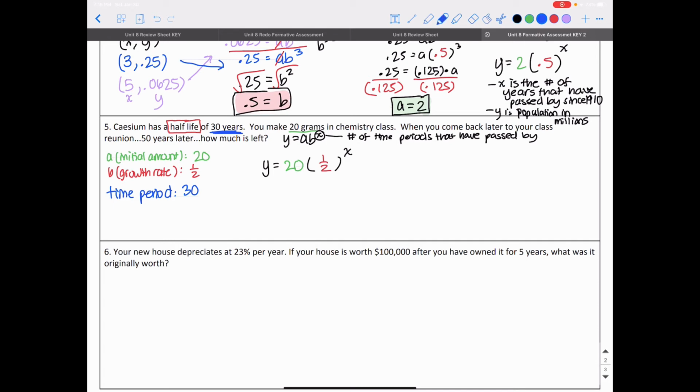So if I want to plug in for x a number of years, I'm going to have to divide that number of years by the time period to see how many time periods I actually have. In this case, I have 50 years are passing by. So I'm going to do y is equal to 20 times 1/2 to the 50 divided by 30 power. 50 divided by 30 tells me I have 1.66667 time periods that have passed by.